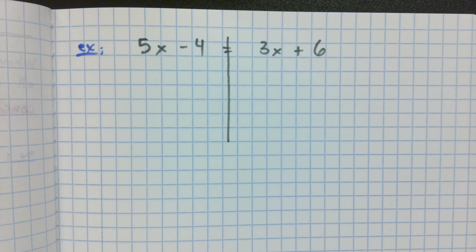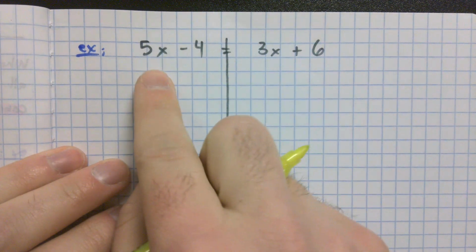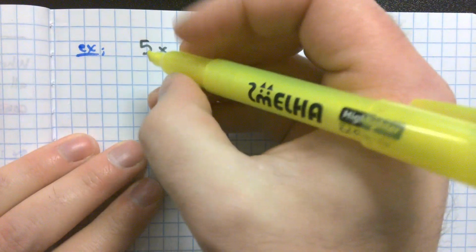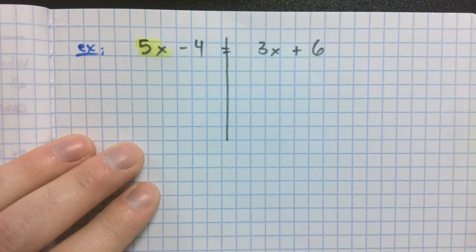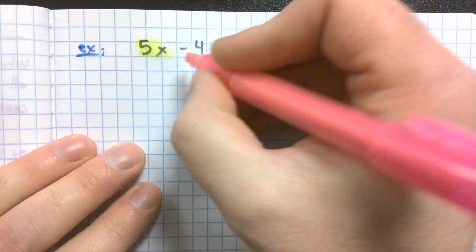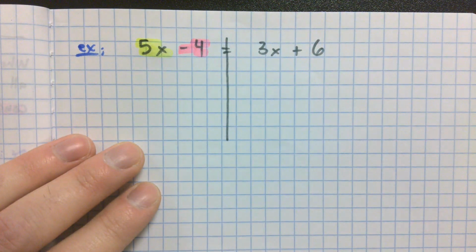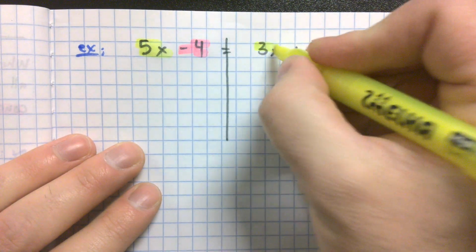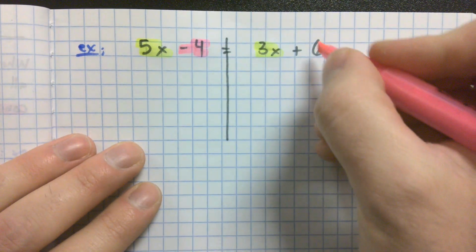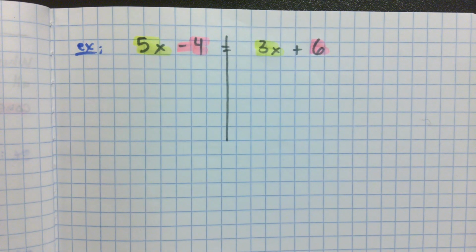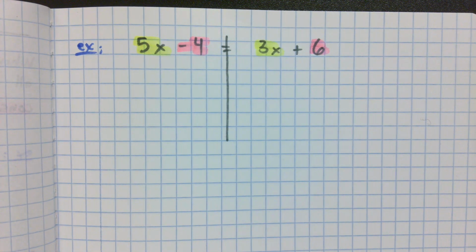Again, just so we can see exactly what we're moving where, I'm going to highlight 5x, that's a variable term. Minus 4 is constant. 3x is also a variable term. And positive 6 is constant.